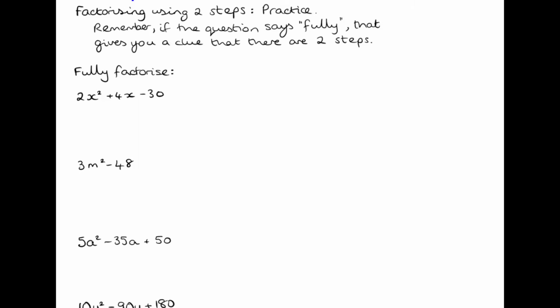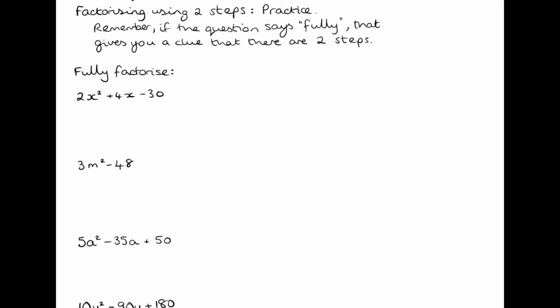Remember it could say factorize fully, doesn't matter which way round these 2 words are, but what that gives you a hint at is that there's going to be 2 steps to it. Okay, the first step will be common factor, and the second step will be either difference of 2 squares or a trinomial to factorize into 2 brackets.